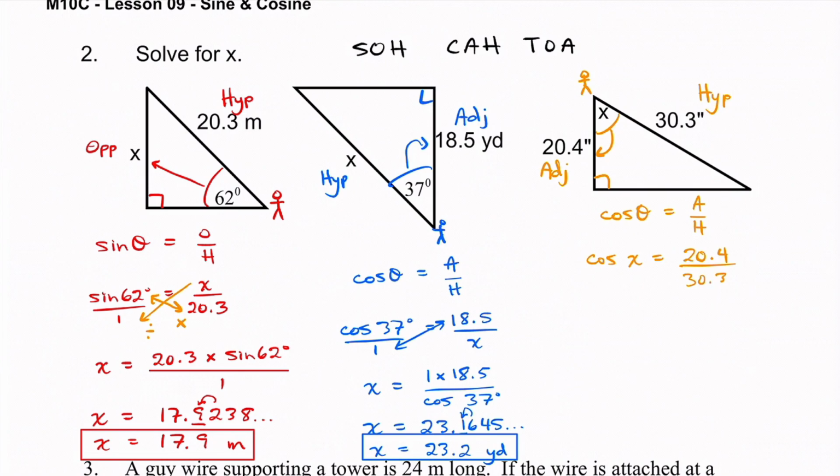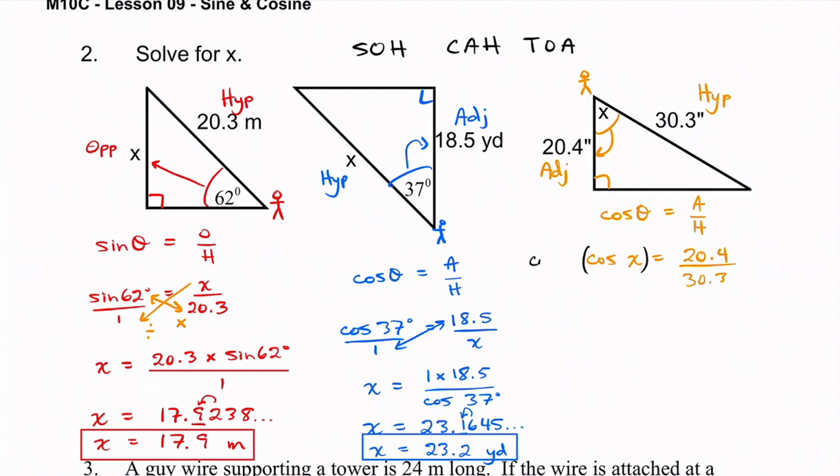Okay, and then these ones where you're finding an angle, these ones are a little bit different. When we're finding a side, you can do that cross multiply divide to get your answer. With one where you're finding an angle, we got to do something a little bit different, and we saw it when we did the tangent stuff in our previous lesson. What we got to do is we got to try to get rid of this cos in here.